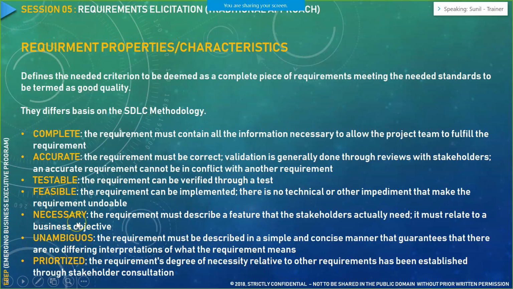Then there are other properties like necessary. Now necessary is like, is the requirement actually needed in the particular system. So when we actually start writing the requirement, the very first question that we ask to the stakeholder is, what is the need of this particular requirement? Is it even necessary? Why we ask that particular question? Because there's no point implementing a particular feature which is never used by any user.